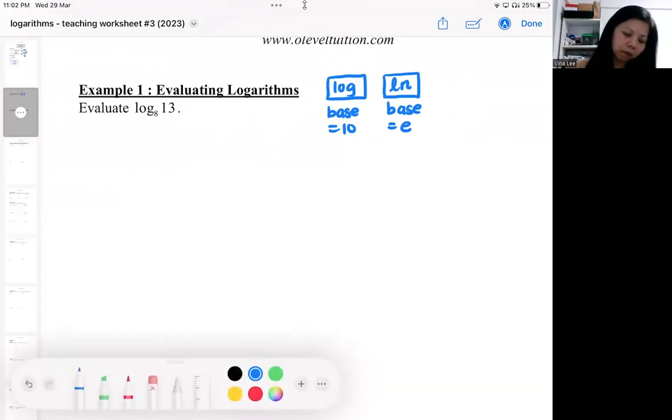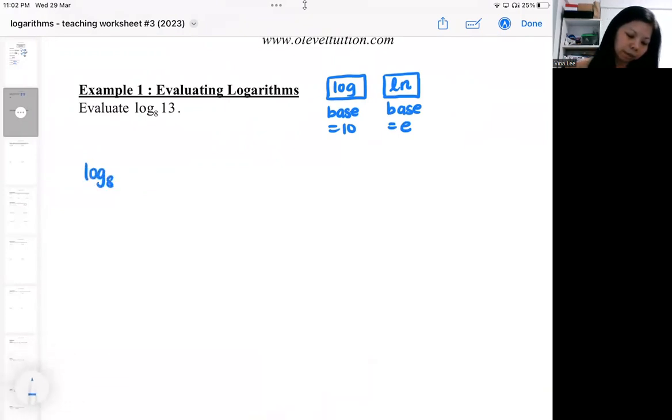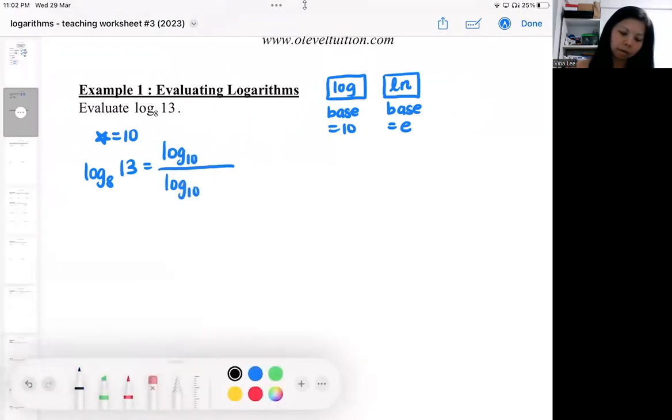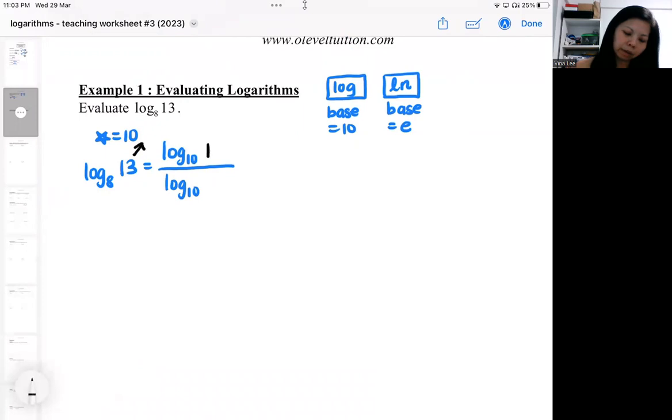There are two ways of doing a change of base. I would like a base 10 first. So you create a heaven and earth for base 10. This is the one that goes heaven, this is the one that goes earth.